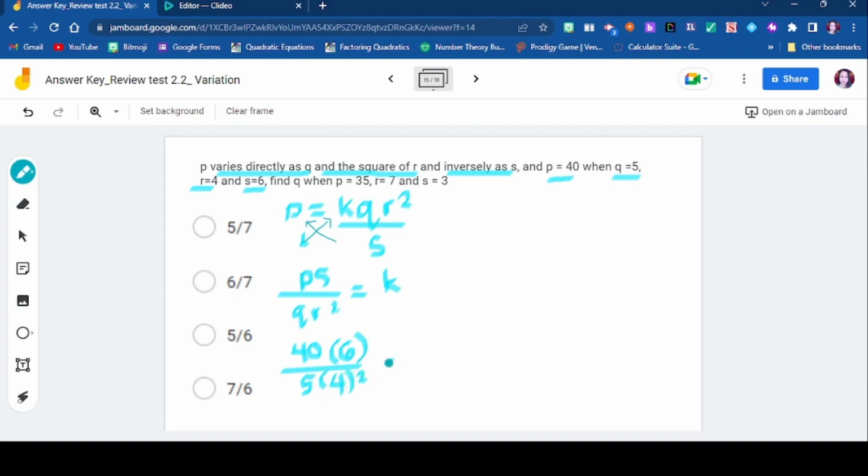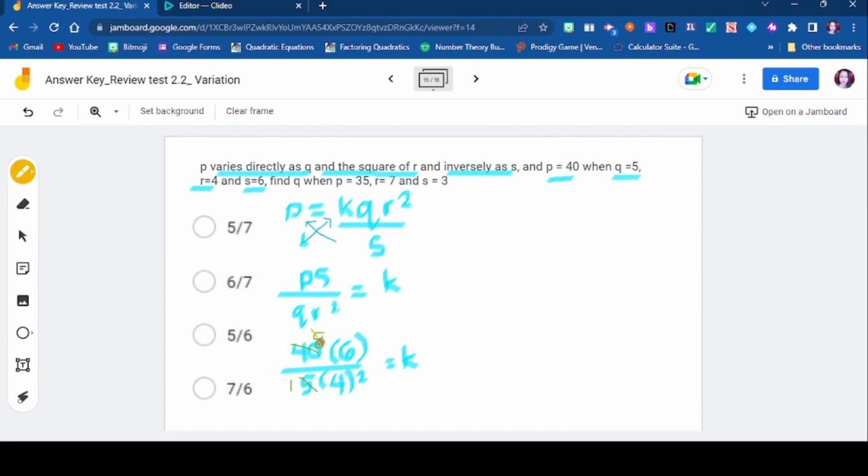Now, let us find the K. So we can apply the divisibility rule in here. So we can cancel 40 and 5. They are divisible by 5. So this will become 1 and this will become 8. And as you can see, 8 and 4 are divisible to each other. So we can also cancel that.